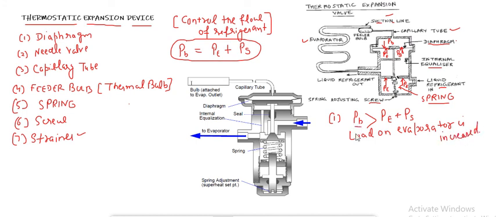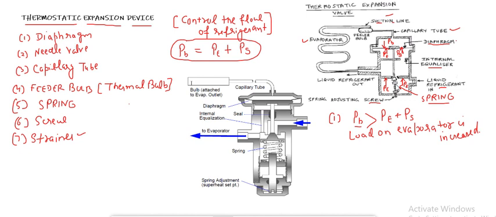PB will be more when load on the evaporator is increased. It means we need more supply of the refrigerant. So what will happen if PB is more? It will move the diaphragm in the downward direction. So if PB is more than PE plus PS, it will move it in the downward direction.